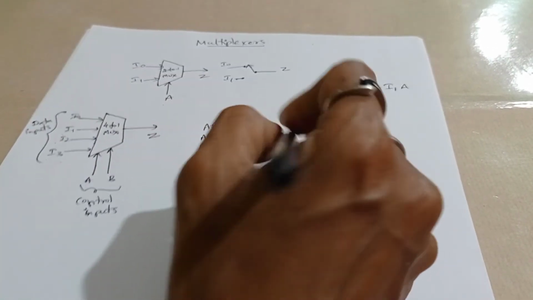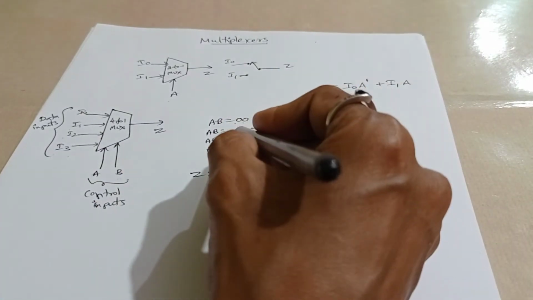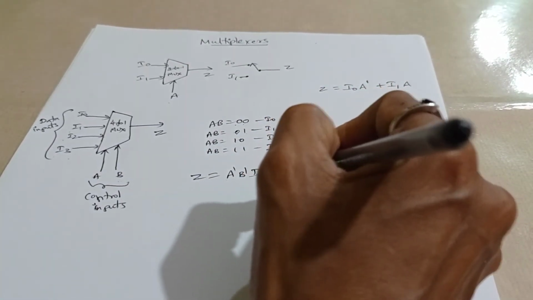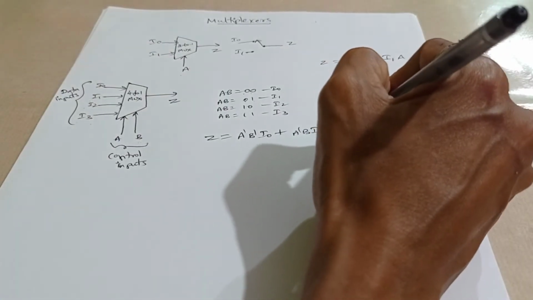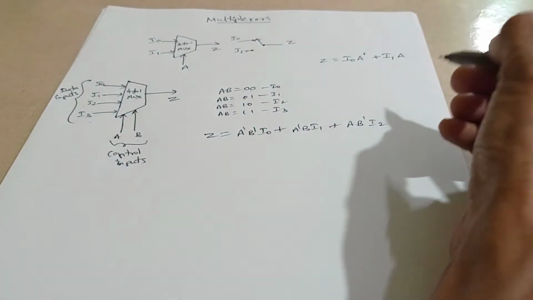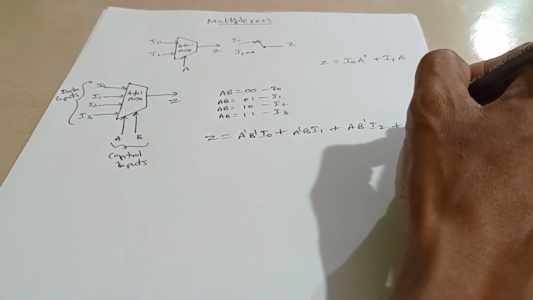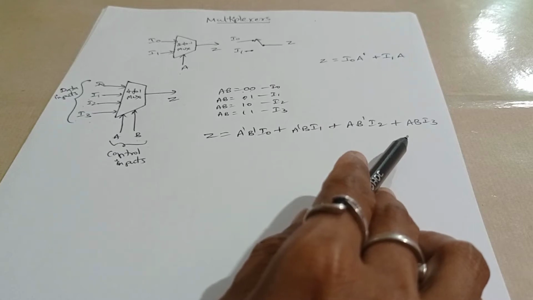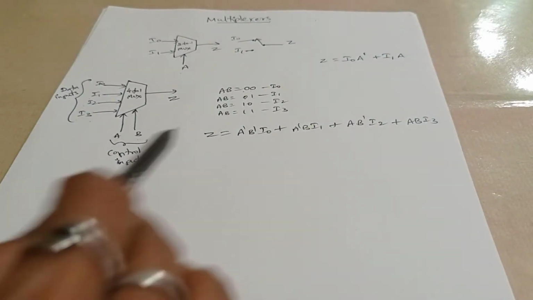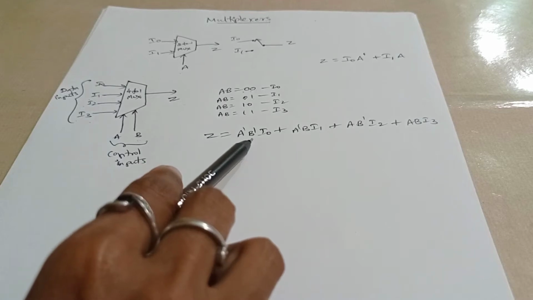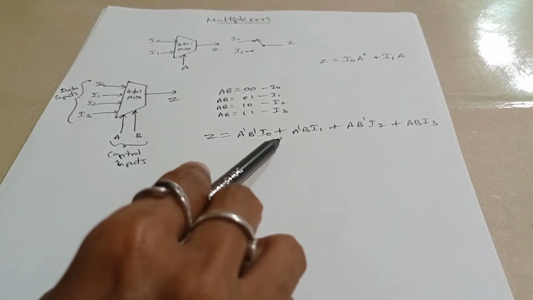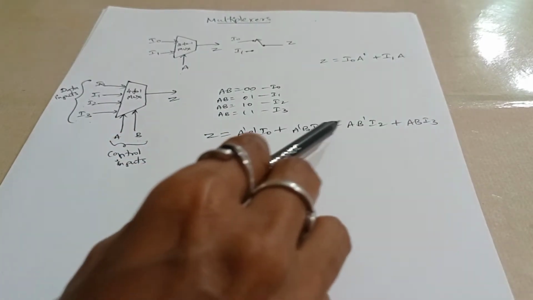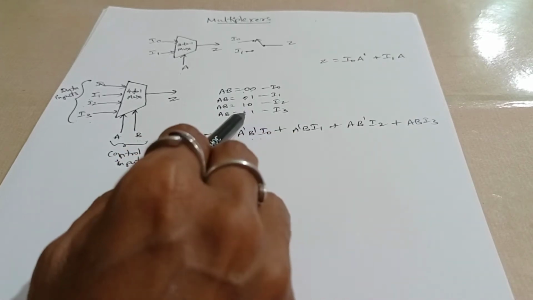So write I0 plus next A bar B I1 plus A B bar I2 plus A B I3. This is the final Z equation. So writing A bar B bar I0, the output becomes I0 plus A bar B I1, A B bar I2, A B I3.